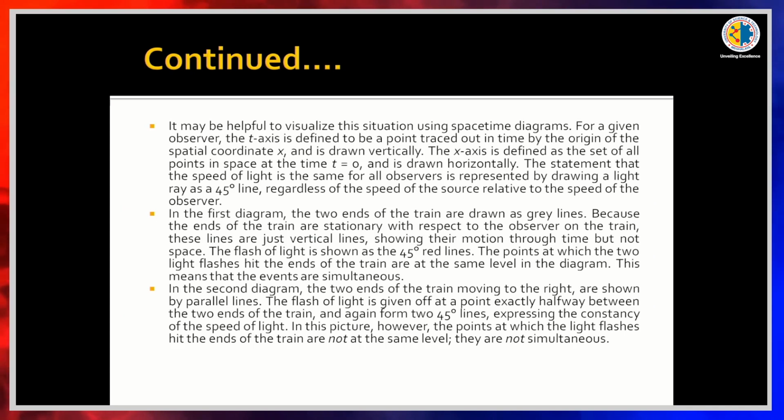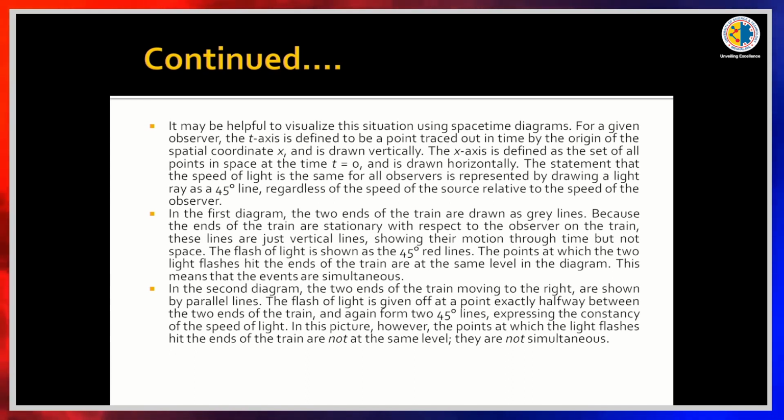It may be helpful to visualize the situation using space-time diagrams. For a given observer, the t-axis is defined to be the path traced out in time by the origin of the spatial coordinate x, and is drawn vertically. The x-axis is defined as the set of all points in space at time t equal to 0 and is drawn horizontally.